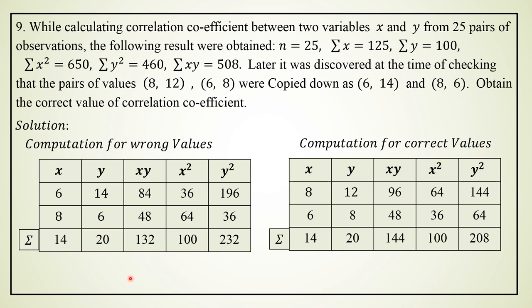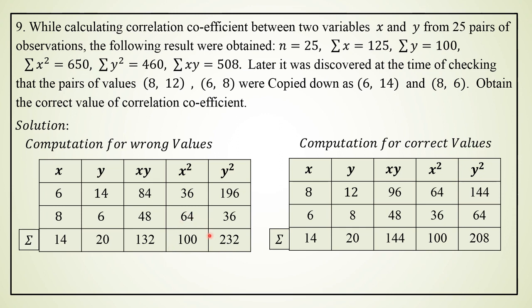Now observe the summation y value. The summation y value for the wrong data points is 20 and for the correct data points also it is 20, which indicates that there is no change in the given summation value of y also. The summation y value is 100. Next, observe the summation of x square value.